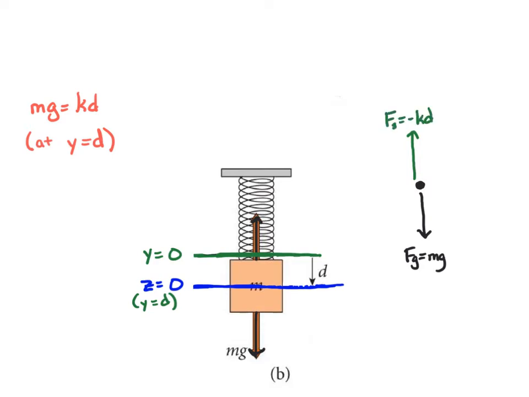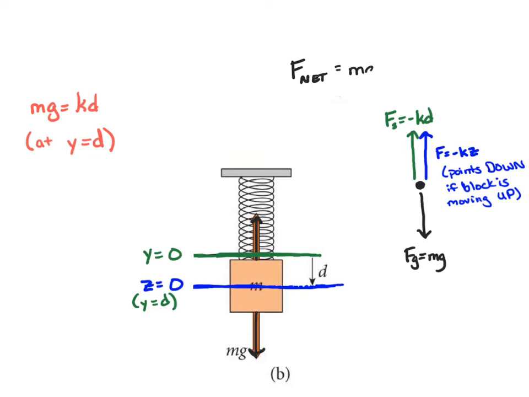And then finally, we have the force due to the oscillation of the mass around the block's equilibrium, and this is given by F equals negative kz. The net force on the block at any time, then, is the sum of all of these forces. F net equals mg minus kd minus kz, just like equation 11.4 in the textbook.